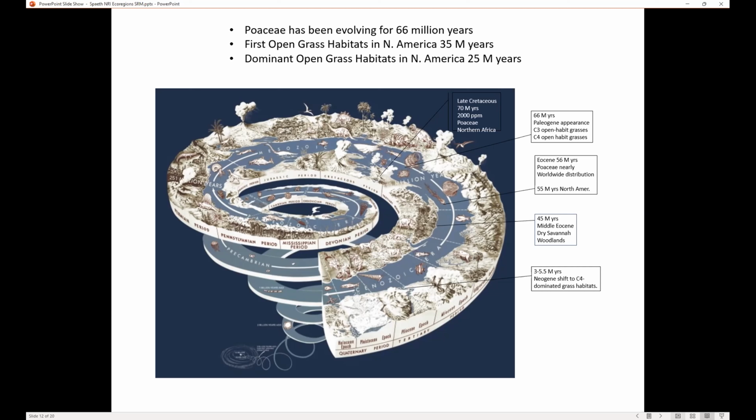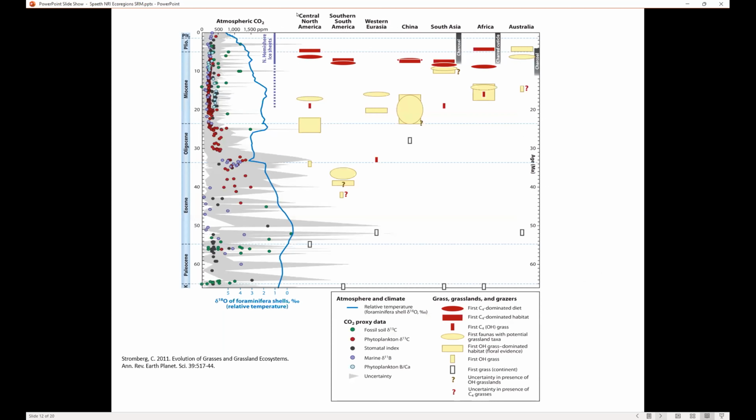So if we look at the development of, for example, central North America, this square here is where the first open habit grasslands became well established around 25 million years ago. But if you look at the atmospheric CO2 contents, they were 1,500 to 2,000 parts per million at various periods of the development, shown by this green dot.